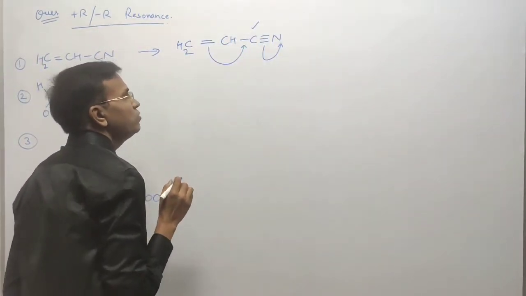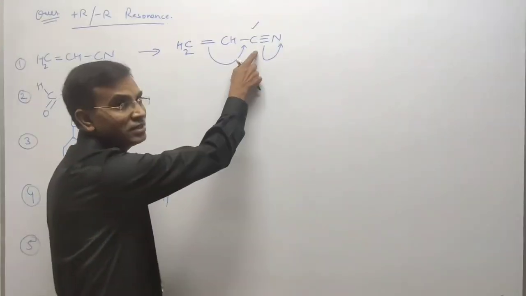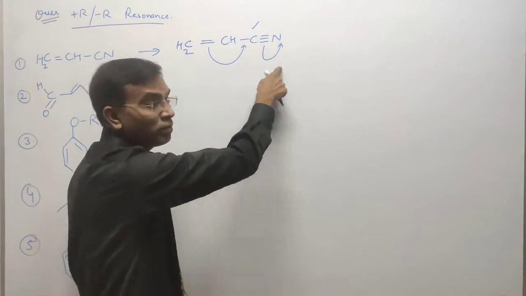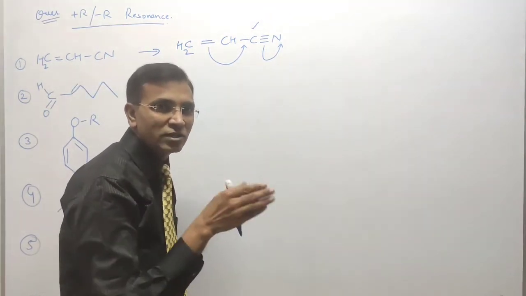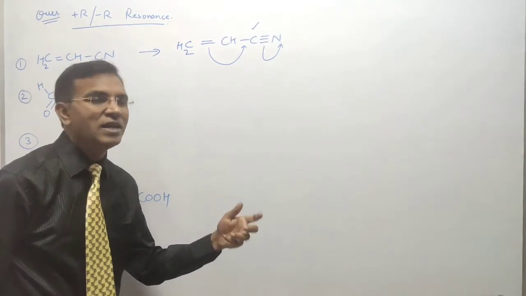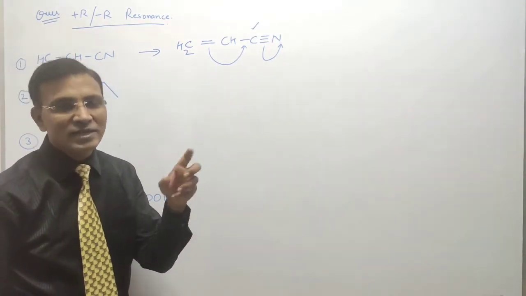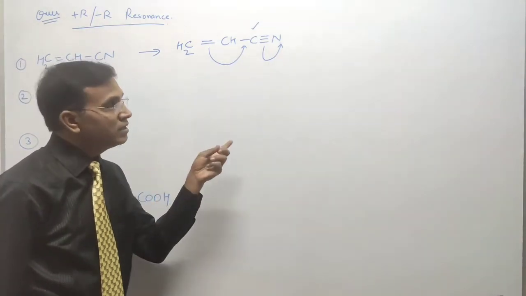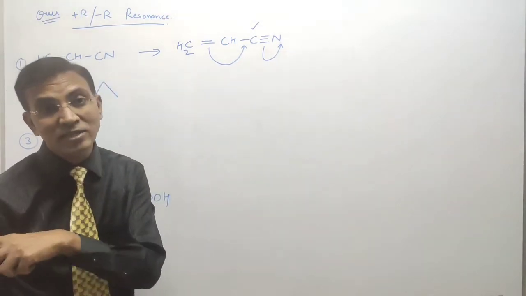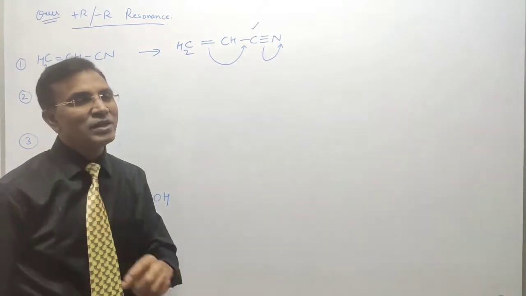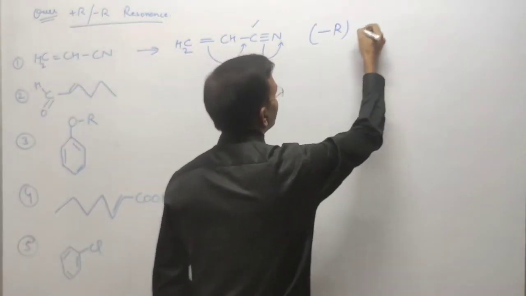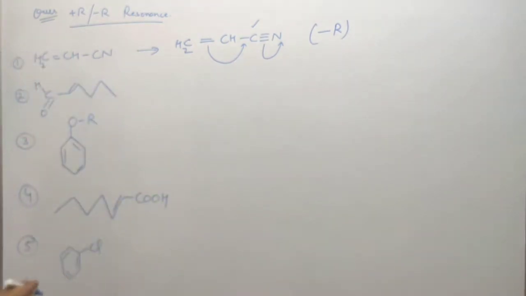You may clearly observe that the atom attached is this carbon and the electrons movement takes place towards the atom attached. In the species in which the electrons movement takes place towards the atom attached, it shows minus R type resonance. So this is the minus R. Right? Now come to the next species.